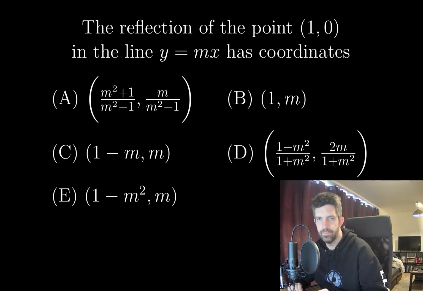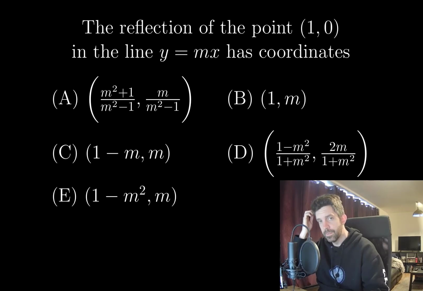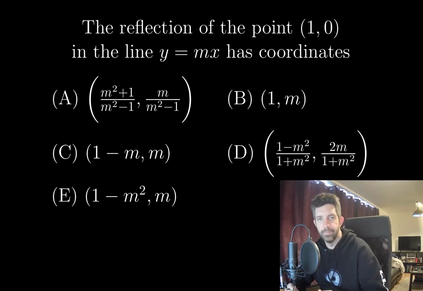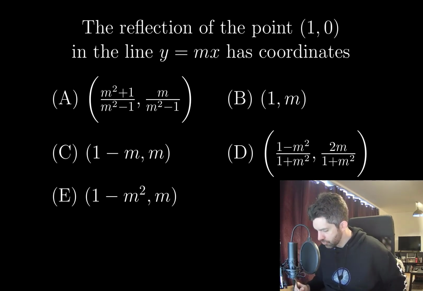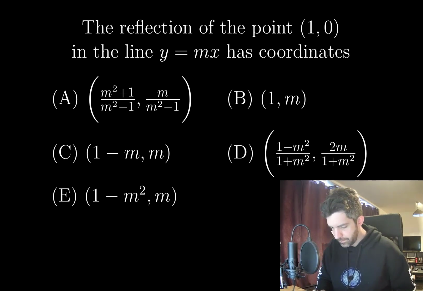Another thing we could do is look at some of these options and eliminate them based on some simple logic. For example, option B is certainly incorrect, because if you reflect a point through a line, the first coordinate is certainly going to change. But I'd rather just try and work it out somehow.